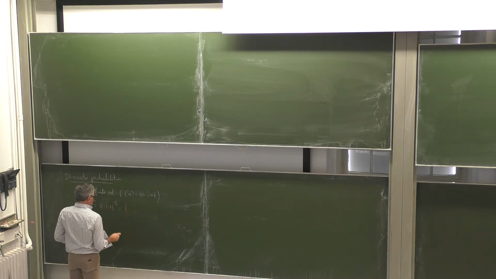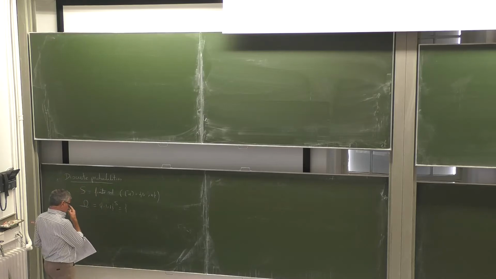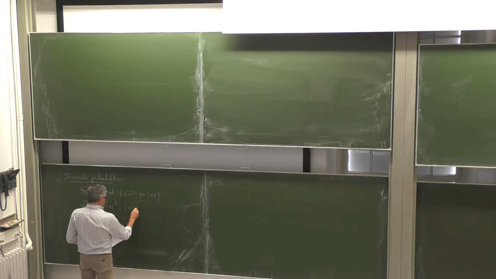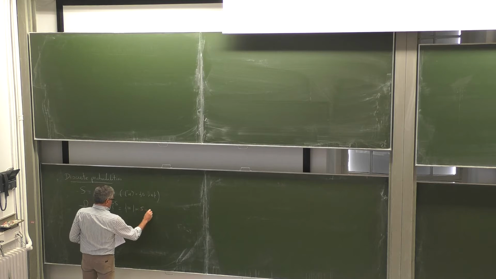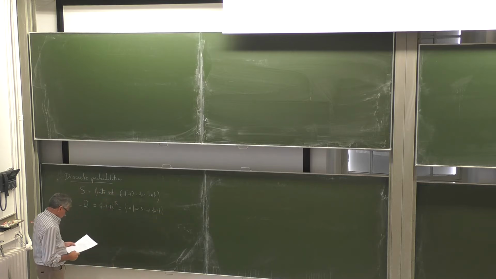So Bernoulli variables associated to each element of the set. I will write omega for this, for the elements of omega, so the elements of the Bernoulli space.